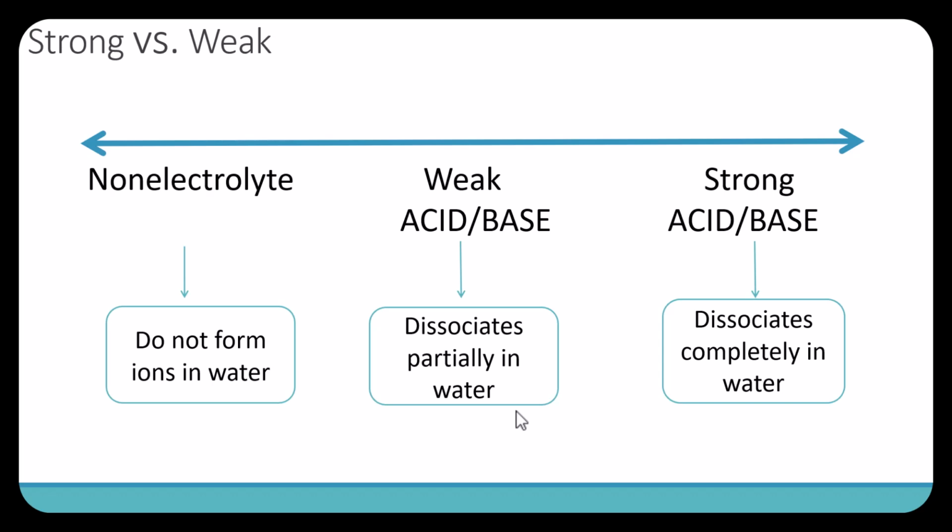It's going to be important that we recognize weak versus strong, because as we start to solve problems with acids and bases, we're going to take 2 different paths to solving these problems. If we recognize it as a strong acid or base, we'll take one path to solving. If we recognize it as a weak acid or base, that's a completely different path. So it's going to be important that we can identify the difference.